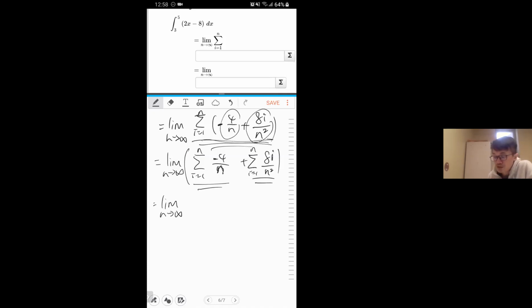Let's do the first one. So what is the sum of -4/n, i goes from 1 to n? So first of all, does whatever is inside this summation depend on the index i? No. So with respect to the index i, -4/n is a constant. That means I can pull the constant out of the summation like this. And whatever is left over is just 1. Make sense?